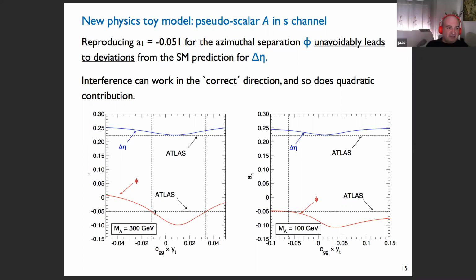But unfortunately, you see that for the other distribution that you have in blue, you get away from the Atlas measurement, for a mass either of 300 GeV that I'll try, or 100 GeV. And this seems unavoidable.